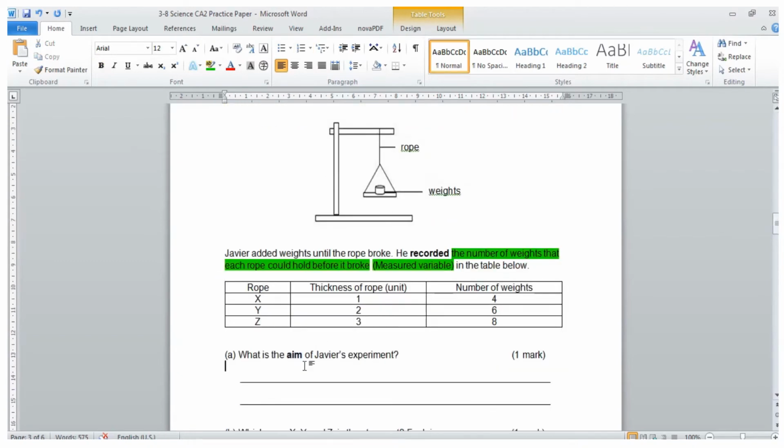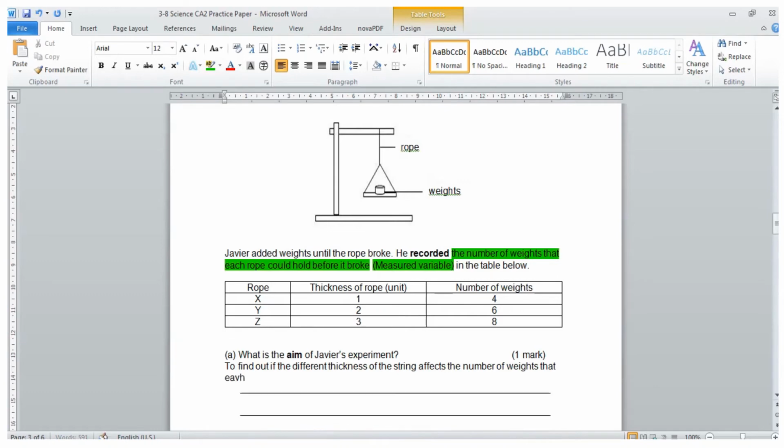So let me just write it down: to find out if the different thickness of the string or the rope affects the number of weights that each rope, sorry, it's rope, okay.